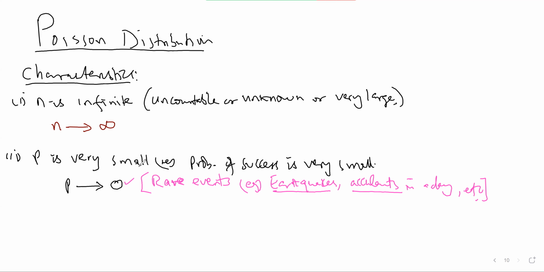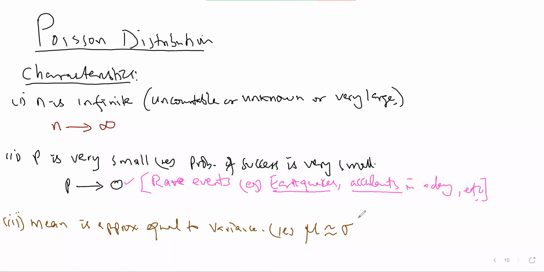Basically, that's what it means. The most important property, which summarizes what we have talked about up there, is that the mean is approximately equal to the variance. That is, mu is approximately equal to sigma squared.